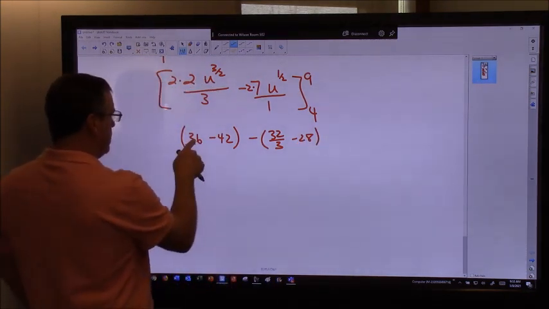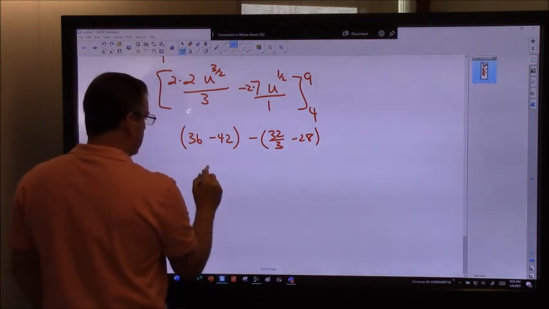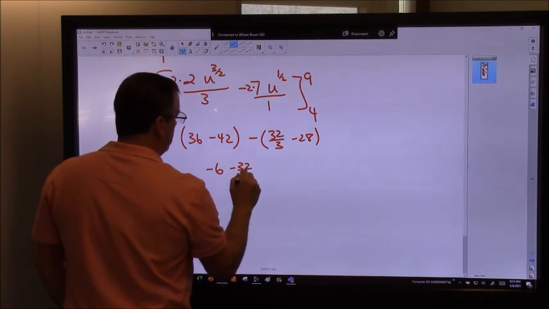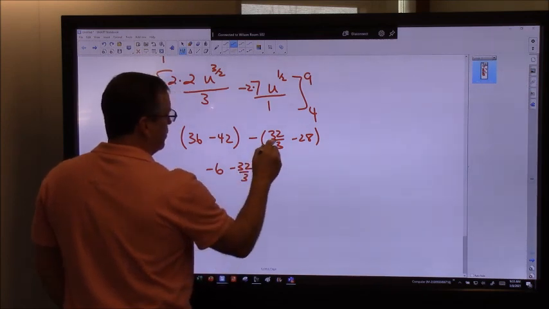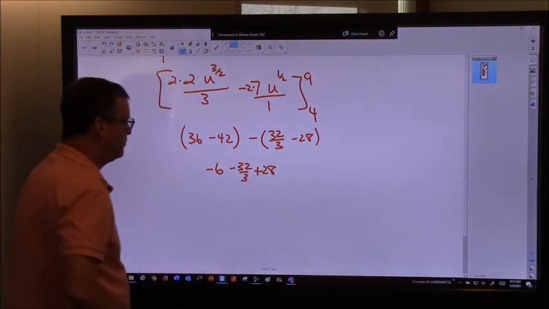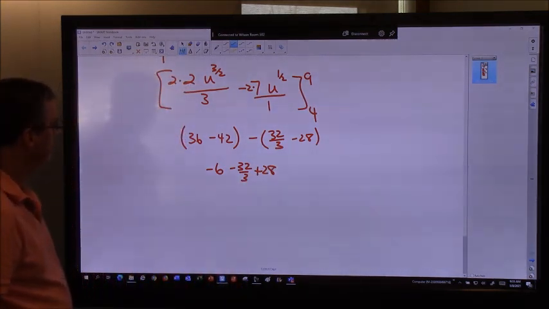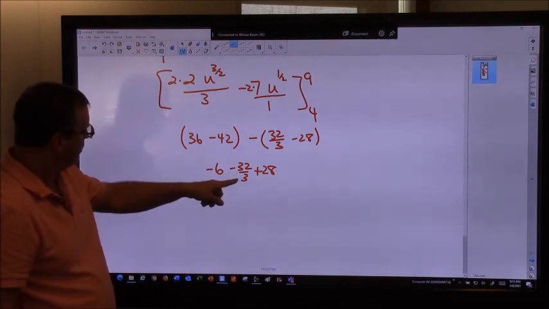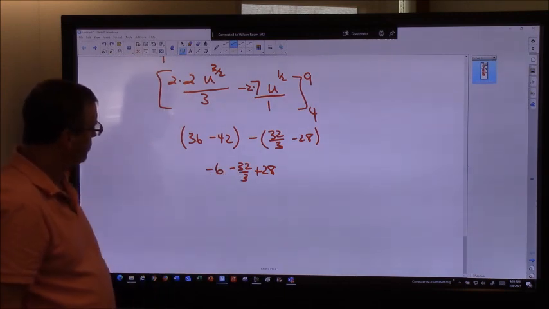All right, so that's going to be a negative 6 minus 32 thirds plus 28. So what is that? That's like 10 2/3.